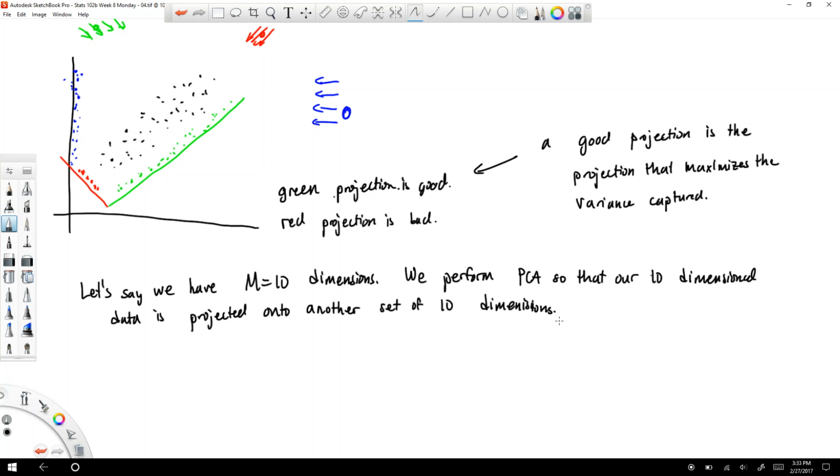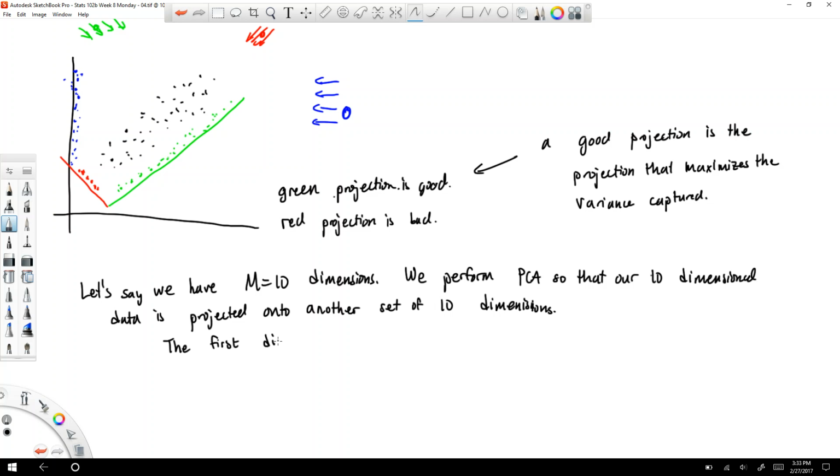Okay, and what happens is that the first dimension out of this new set of 10 dimensions is going to be the dimension that captures the most variance.